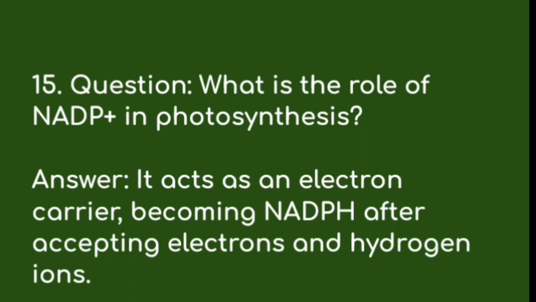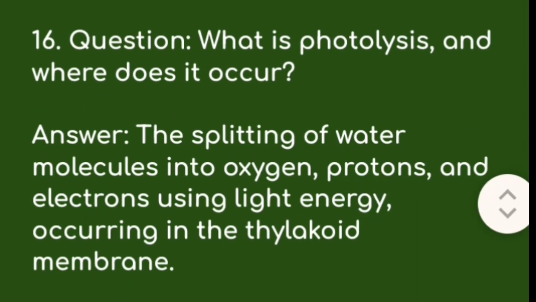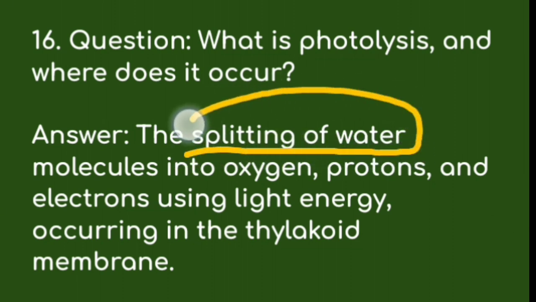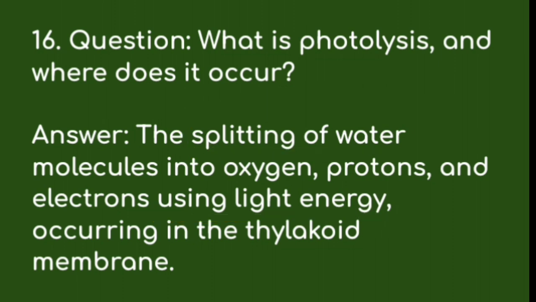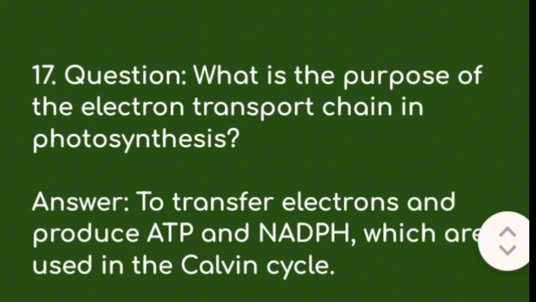What is photolysis and where does it occur? The answer is the splitting of water molecules into oxygen, protons and electrons using light energy occurring in the thylakoid membrane.